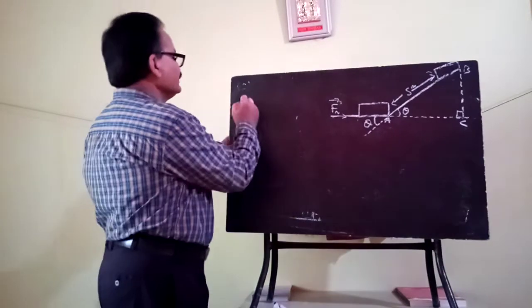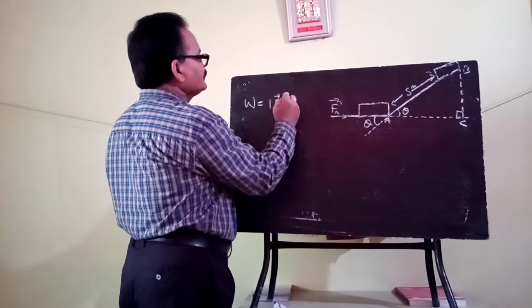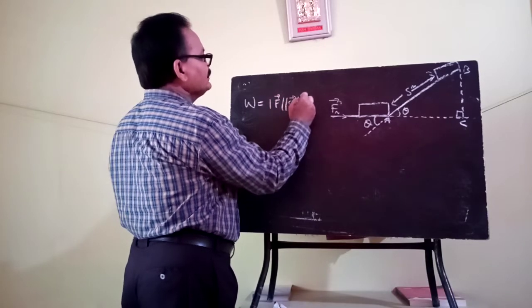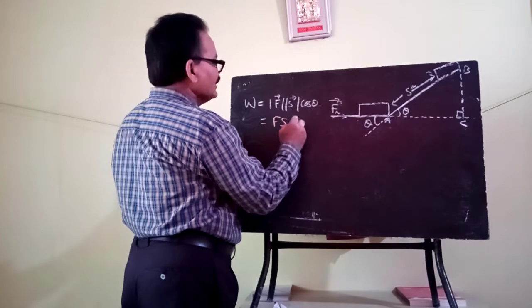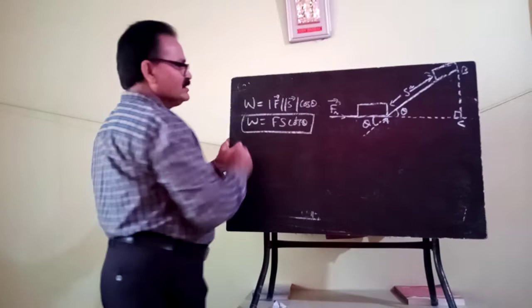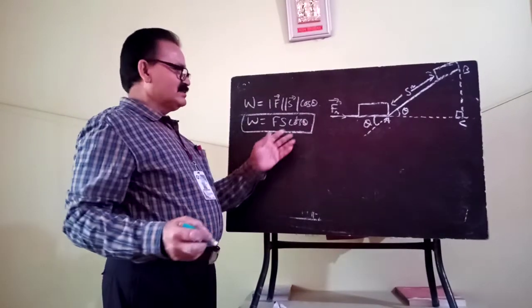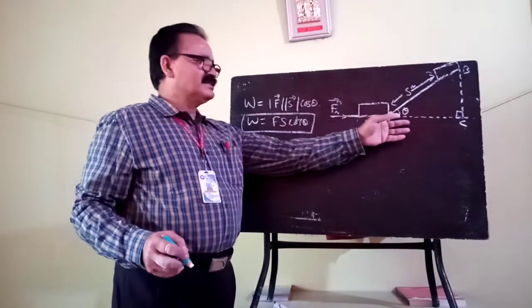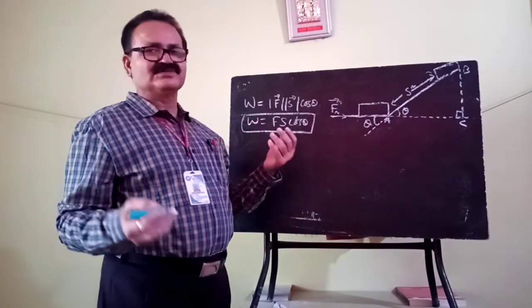The conclusion is work done will be equal to the magnitude of force, magnitude of displacement, multiplied with cos theta. This Fs cos theta is the formula for the amount of work done. Now when the value of theta changes, the magnitude of the amount of work done also changes.